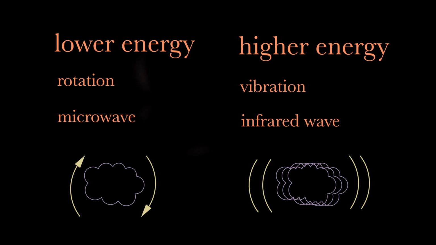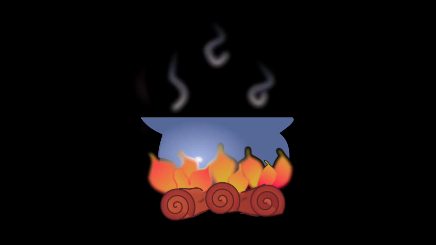If the photon is of a higher energy level, the bond between the two atoms of the molecule starts vibrating or vibrates more rigorously. Higher energy photons are infrared waves. This is how your stove works. Infrared photons cause the molecular bonds of the molecules of your soup to vibrate like crazy.